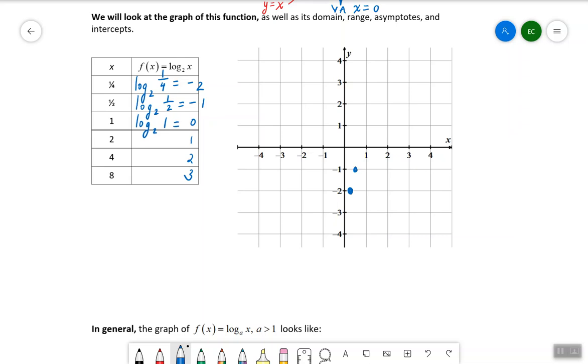And then (1/2, -1), (1, 0), (2, 1), and (4, 2). We're getting the shape that we expected based on what we know about the reflection over y equals x. We can connect these up with a nice smooth curve.